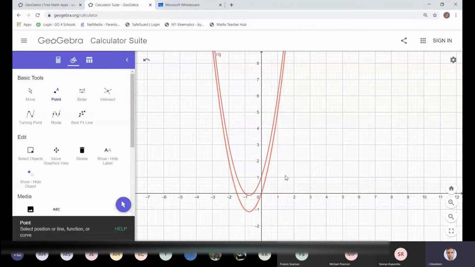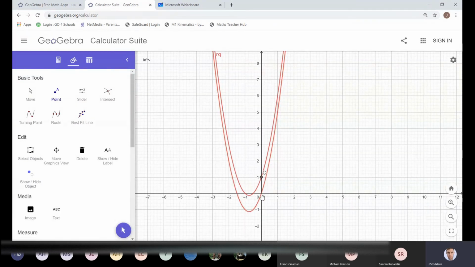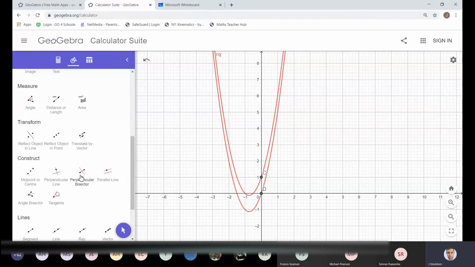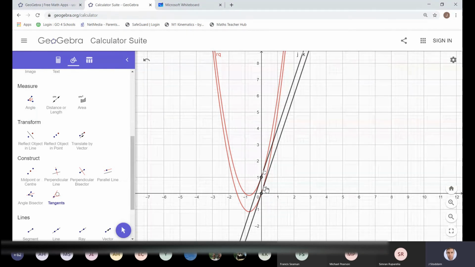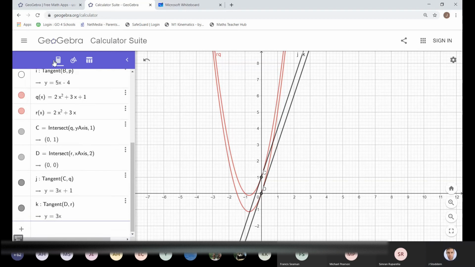So what I'm going to do is show you that. I'm going to put a couple of tangents on there. And we can see that if we take the tangent when x is 0 on both of those curves, those lines are parallel. The tangent has the same gradient at least.